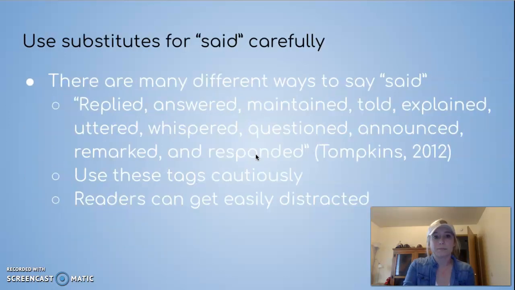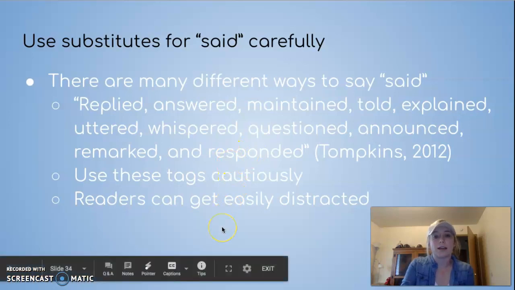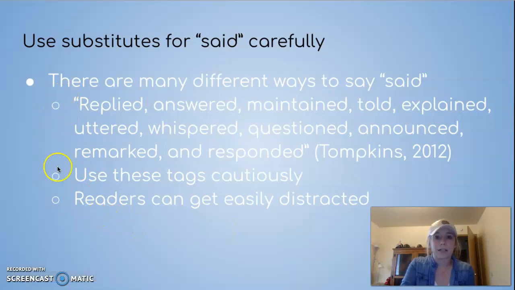The second point Tompkins makes is to use substitutes for the word said carefully. Obviously, there are plenty of different ways that an author can say, this character said blank. Put them all right here, all the ones that were listed in the text. She definitely states that you should use these tags cautiously because a reader can get distracted by all the different types of ways the author used to say the word said, and they're totally missing the dialogue.